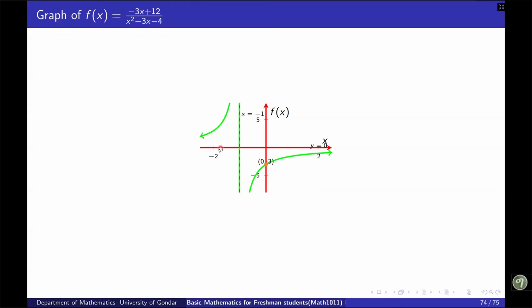That means when x gets a very small negative number, the graph approaches the x-axis. And from the right side of the vertical asymptote, the function tends to negative infinity. And when x gets a very large positive number, the graph approaches the x-axis, or the horizontal asymptote, from below, so roughly the graph of the given function looks like this.